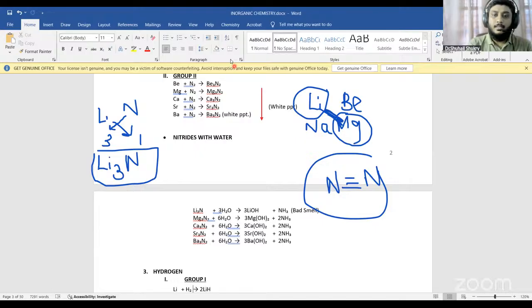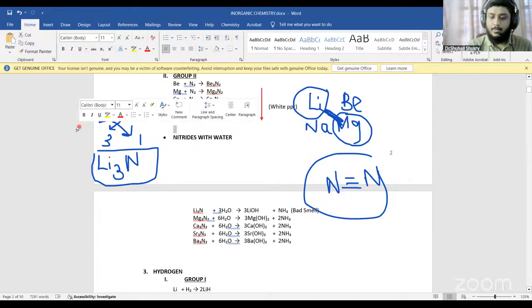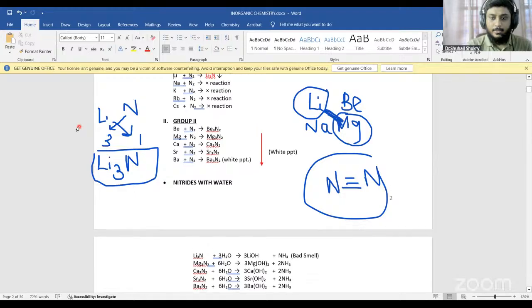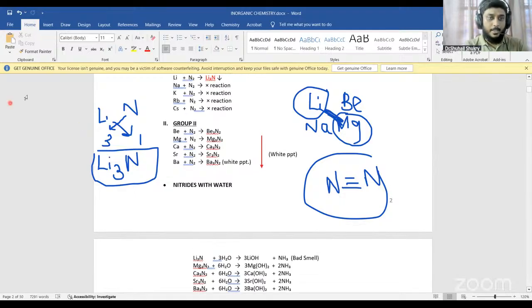Now, what you want to do is write these things now. Wait, I'll cover the other stuff, then you can write this again. Practice this now itself.